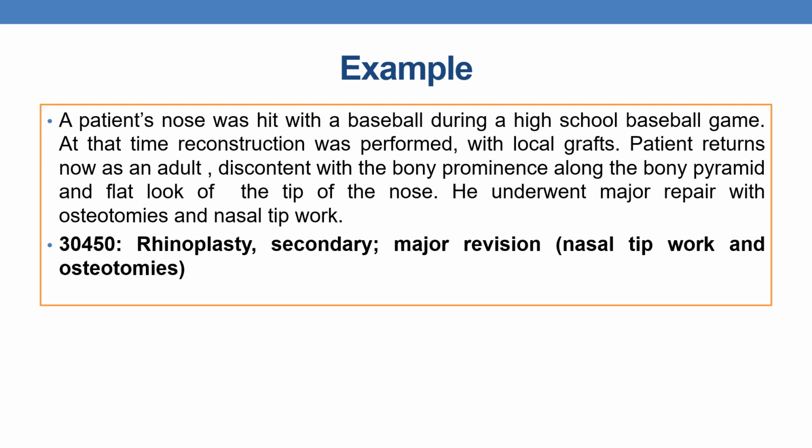Here, previously the patient has undergone rhinoplasty and now he is undergoing secondary rhinoplasty. So the CPT is 30450, rhinoplasty secondary major revision, because it includes nasal tip work and osteotomies. Hence it is a major revision. So 30450 is the appropriate CPT.